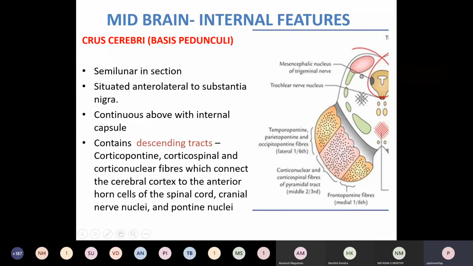The middle 2/3 consists of the corticonuclear and corticospinal fibers. Whereas the lateral 1/3 consists of the temporopontine, parietopontine and occipitopontine fibers. These are all nothing but the fibers of the pyramidal tract.